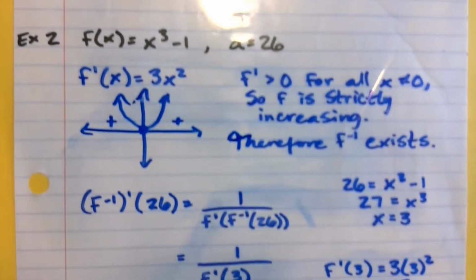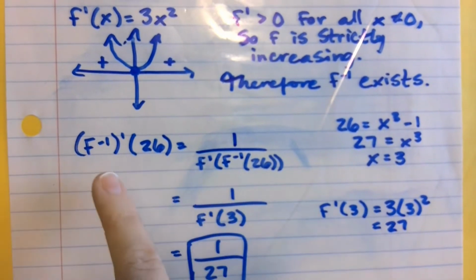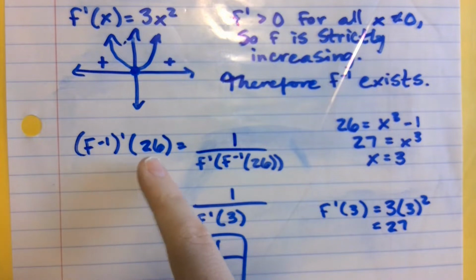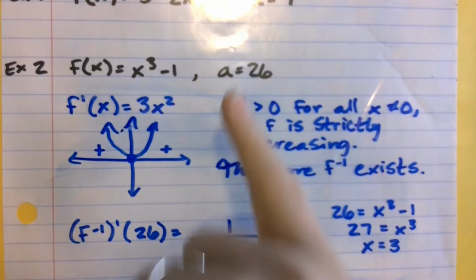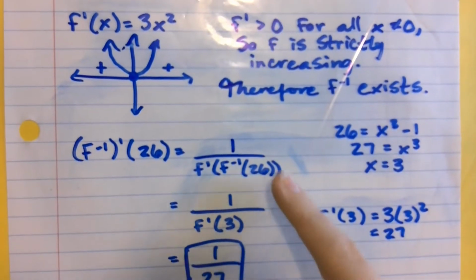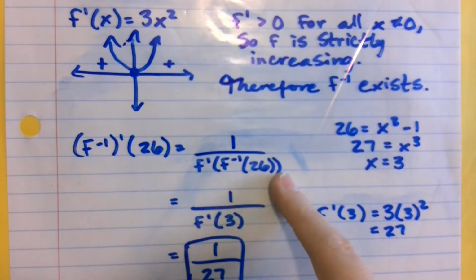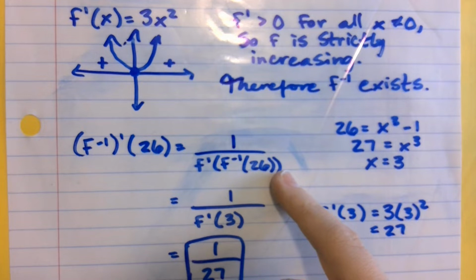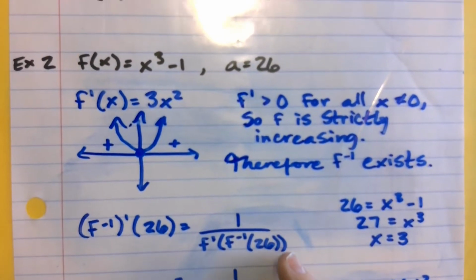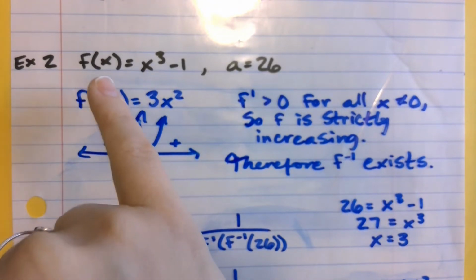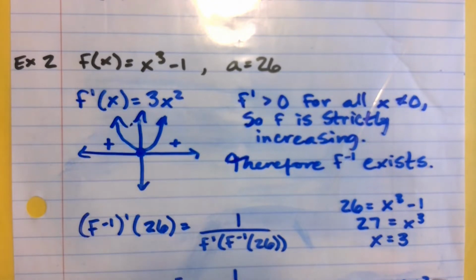And then going from there, using our formula here for the f inverse prime of 26, because that was our a value, we've got 1 over f prime of f inverse of 26. Like we said on that last example, if I'm trying to find f inverse of something, I can plug it in as a y value in f, and whatever x value comes out will be the y value in f inverse.